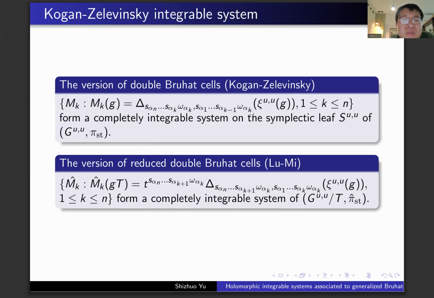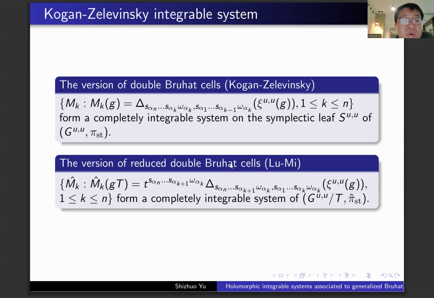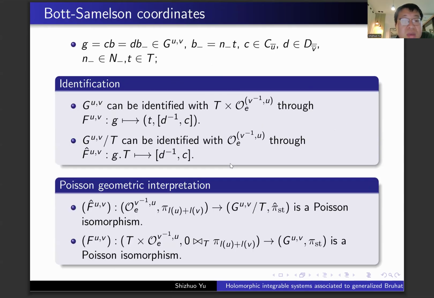And actually, the construction of the Kogan-Zelevinsky integrable system is very complicated, because it depends on both the Fomin-Zelevinsky twisted maps and the generalized minors. But in this talk, if you do not quite understand the details here, it is not a problem because we have a better viewpoint to understand it.